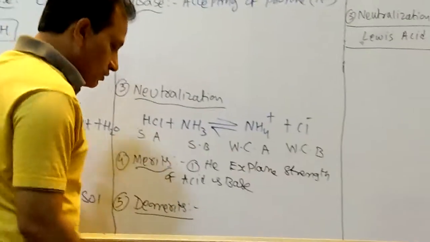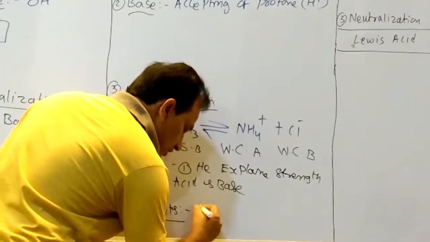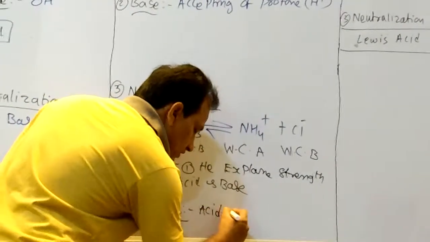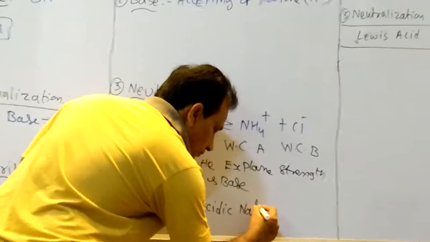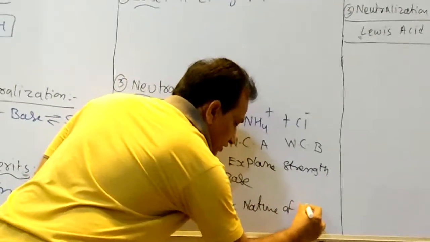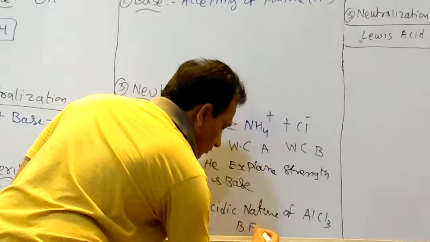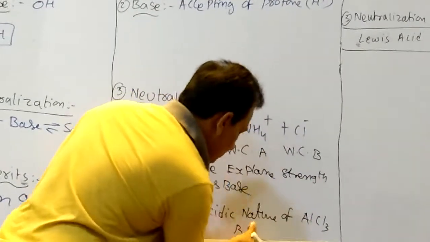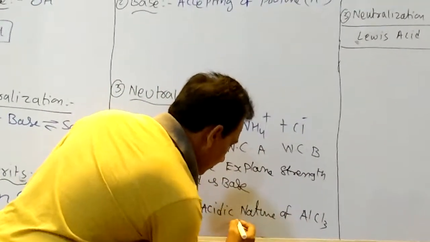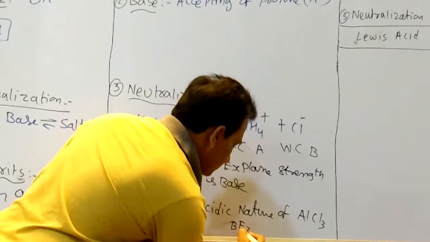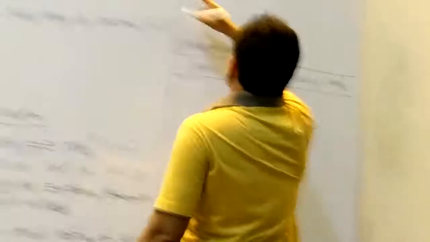What is the demerit? It does not explain the acidic nature of AlCl3 and BF3. This is the demerit.